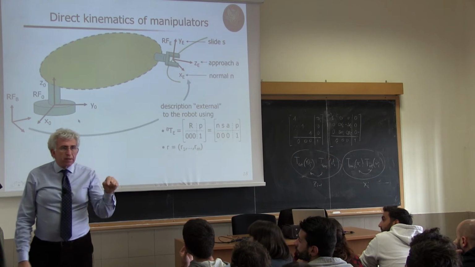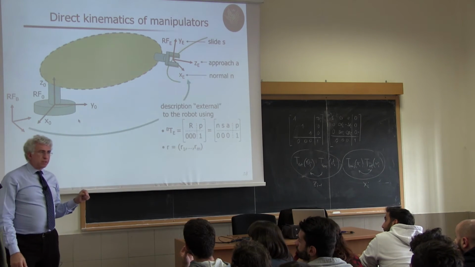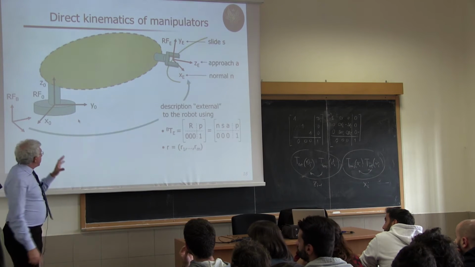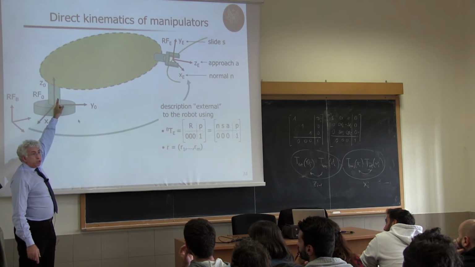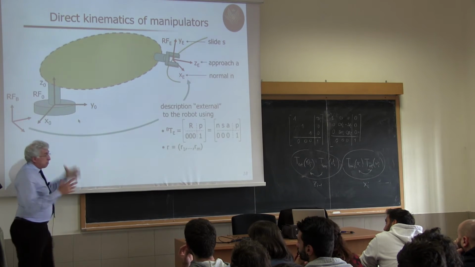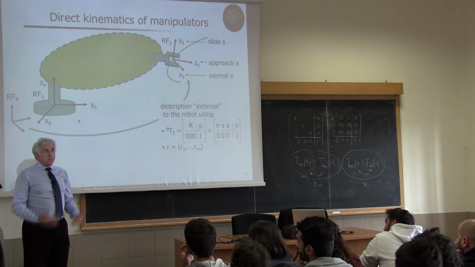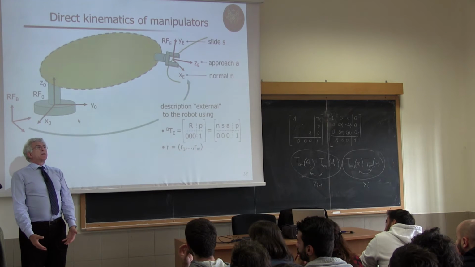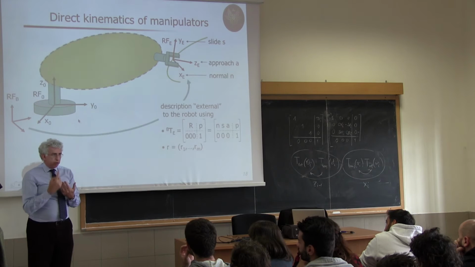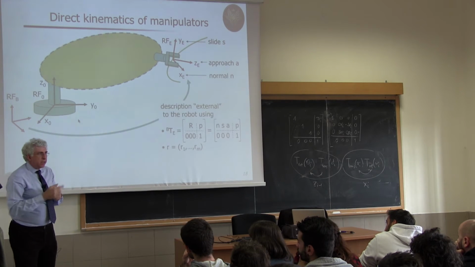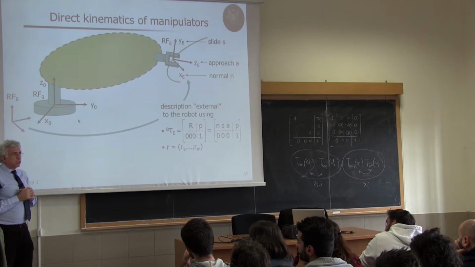And the first frame is attached to the base of the robot, so it's not moving. The only thing that is defined here is the z_0 axis, which is along the first joint axis. Now I'm assuming that this is a robot placed on the floor, and the first rotation is this rotation. So z_0 is going there. Otherwise, it would go in the direction of the first joint axis.